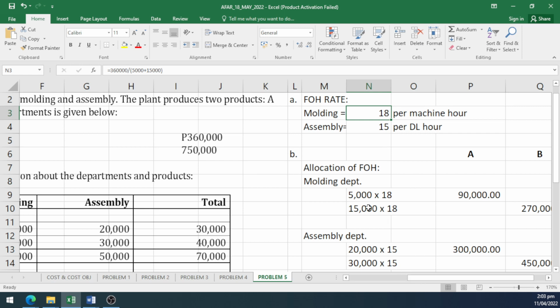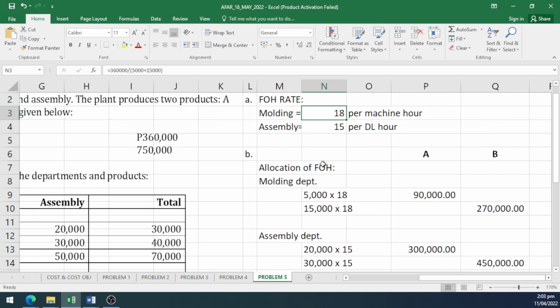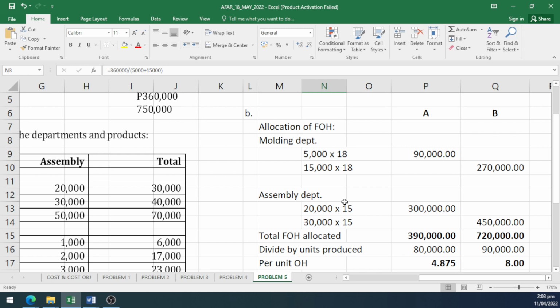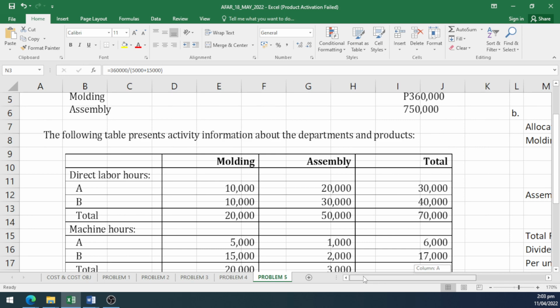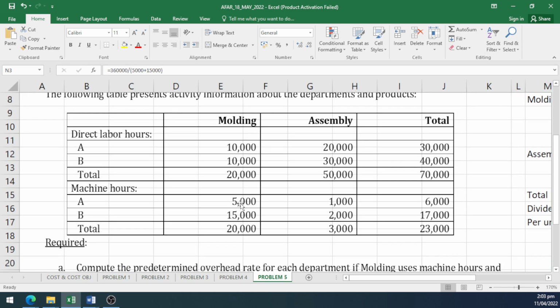I-allocate natin yung overhead sa product A and B from molding department. Tingnan niyo yung product, ano? Molding department based on machine hours yan, 5 and 15.